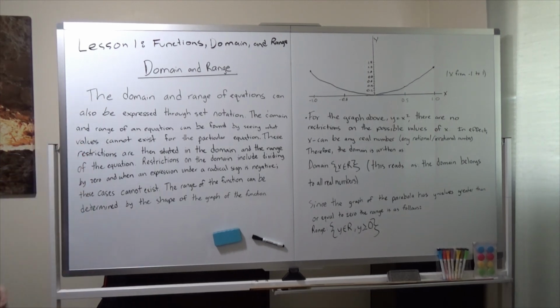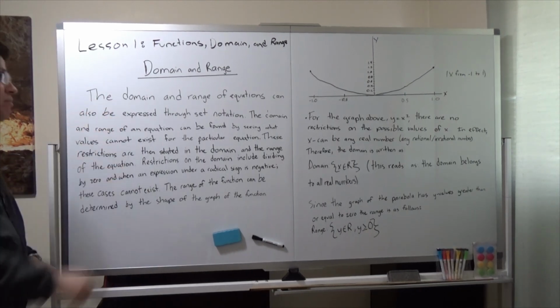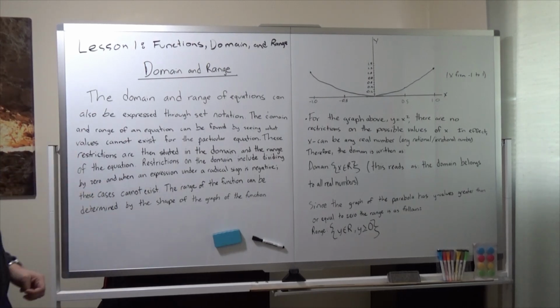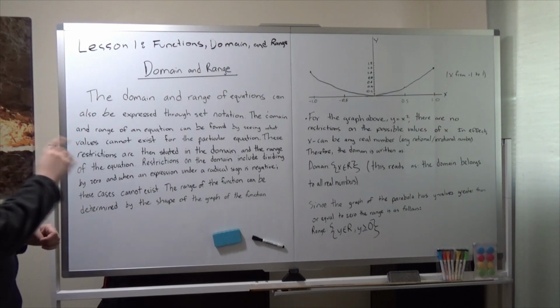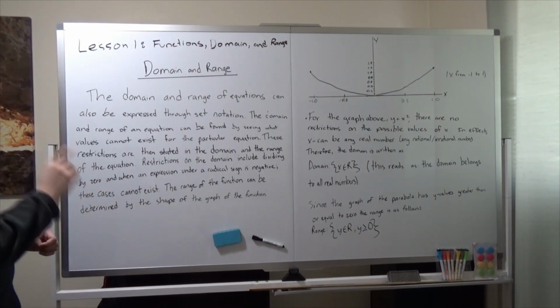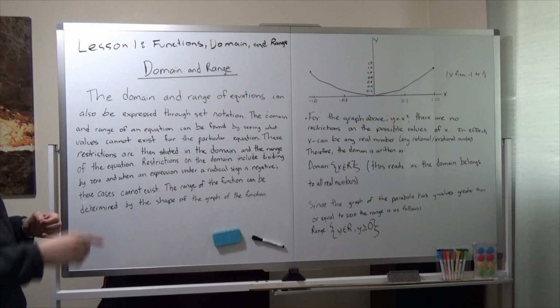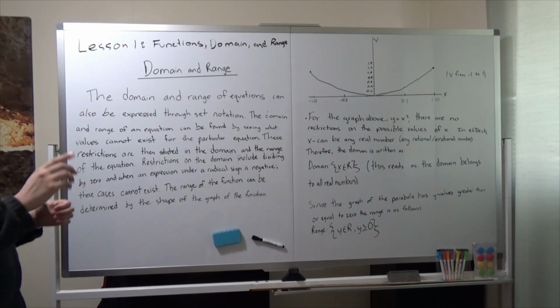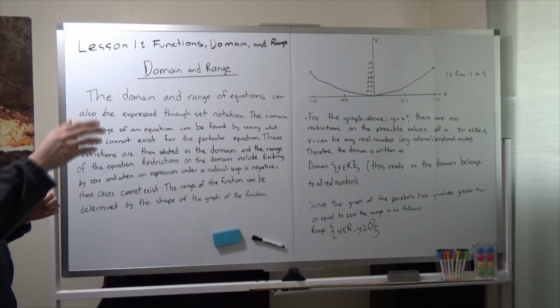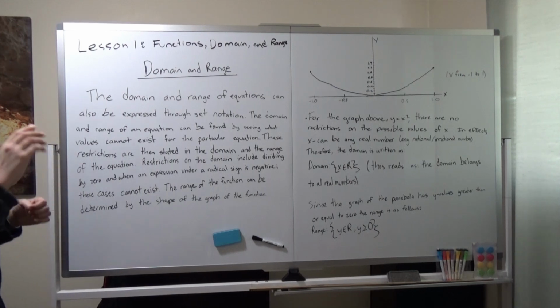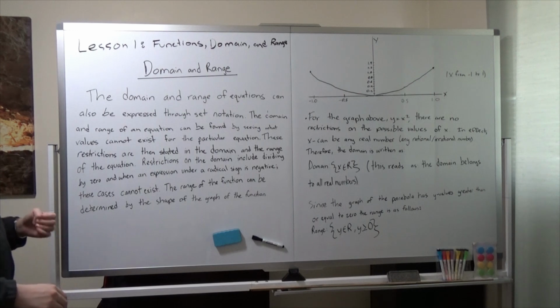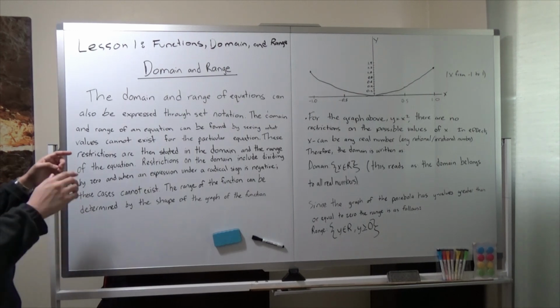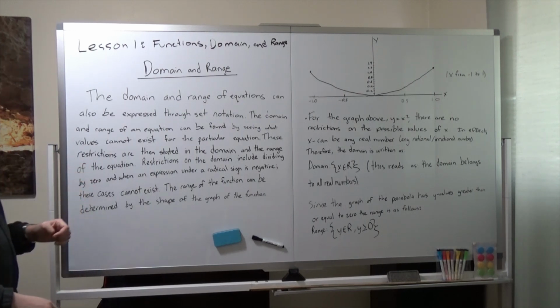Domain and range. The domain and range of equations can be expressed through set notation. The domain and range of an equation can be found by seeing what values cannot exist for the particular equation. So values that do not exist for a particular equation are excluded from the domain of that equation. These restrictions are then stated in the domain and the range of the equation.